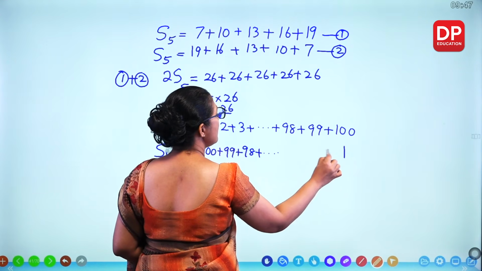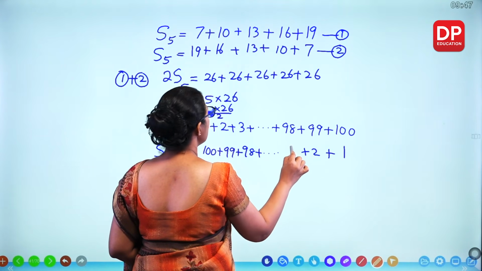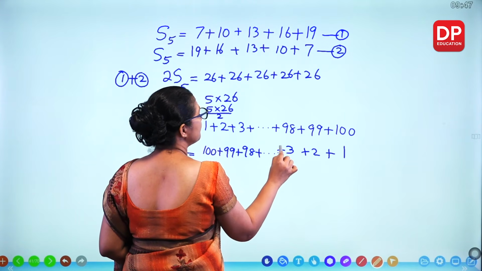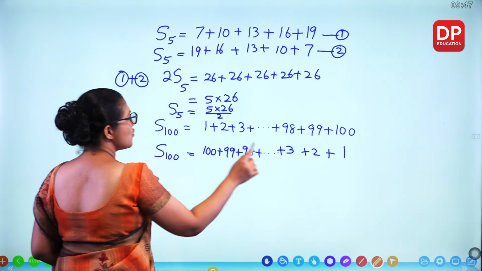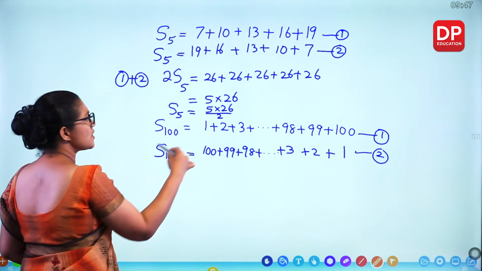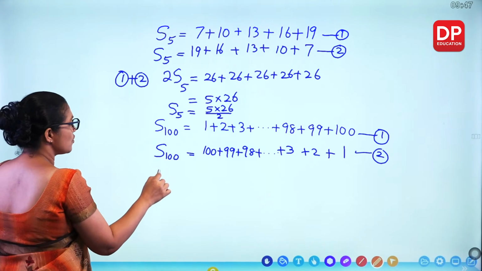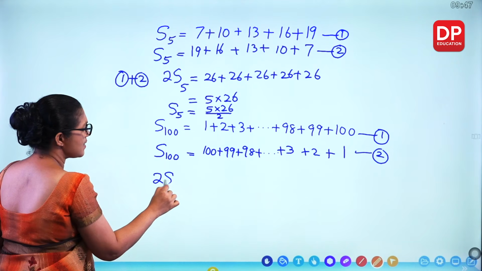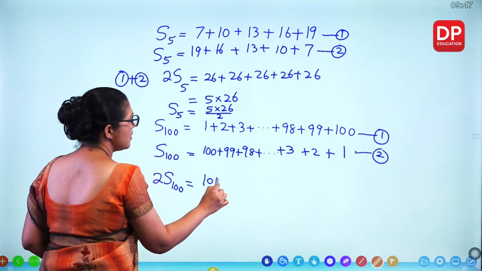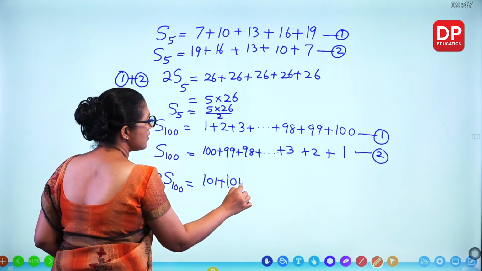So this is 1, this is 2, this is 3. When you add these two together, what happens again? We see a pattern. That's why we are doing that. When you add, 2S100 is equal to 101, 101.